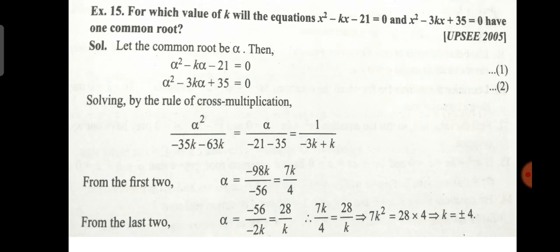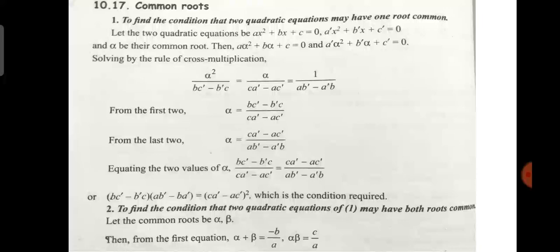Alpha square, alpha, 1, that is the root. Then alpha square by minus 3k times 35k minus 63k equals alpha into, that is the bc dash.